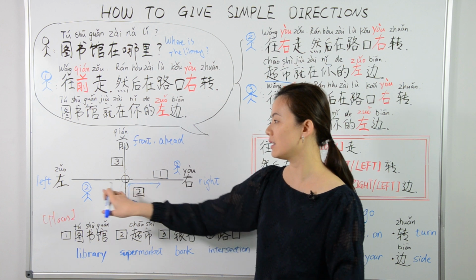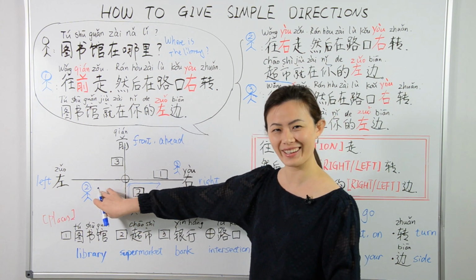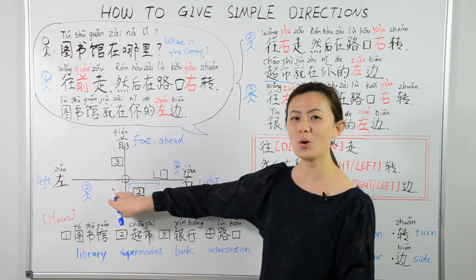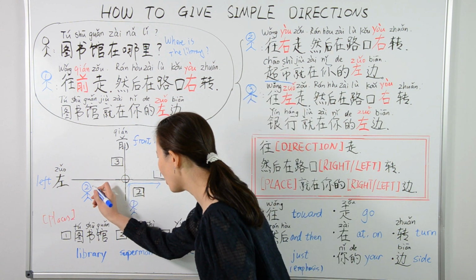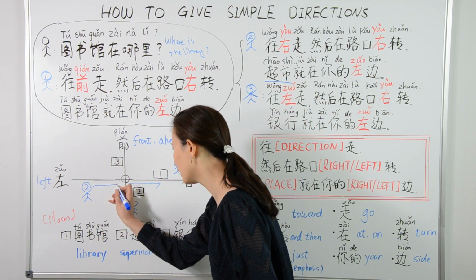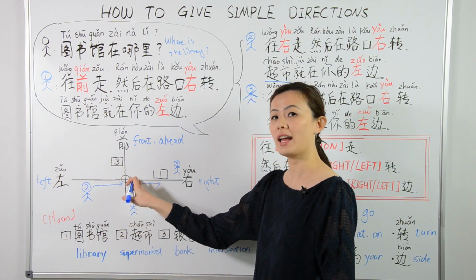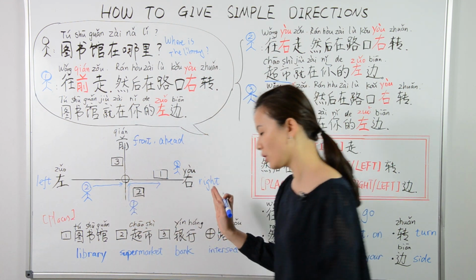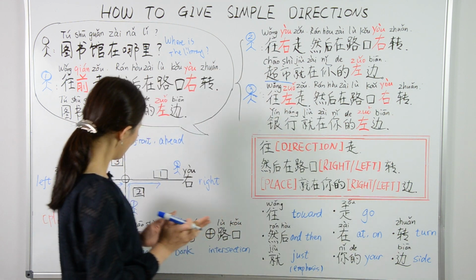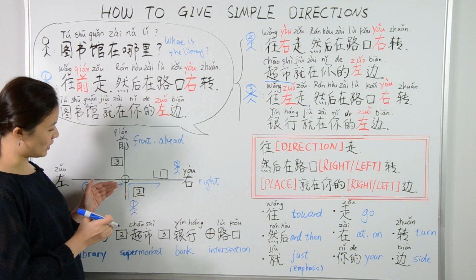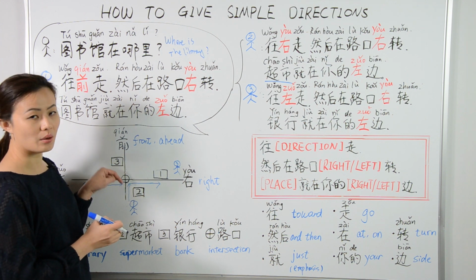First step, he needs to go right. 往右走. And 然后在路口, at the intersection, he needs to turn right.